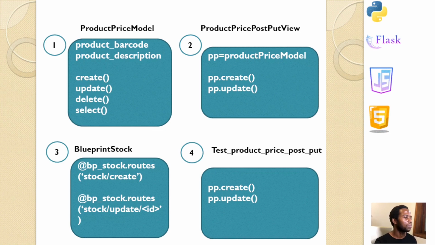We are going to create the blueprint to create our routes and connect it to Flask. And lastly, we are going to create the test product price post-put test module, within which we are going to make a request to our product price post view.